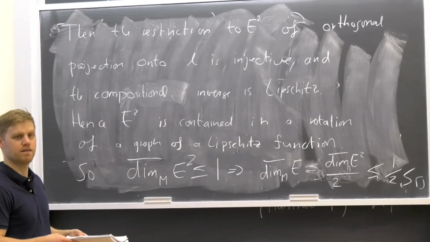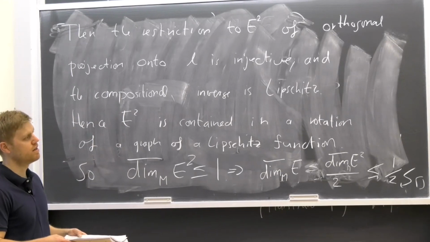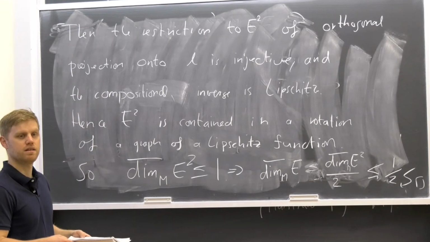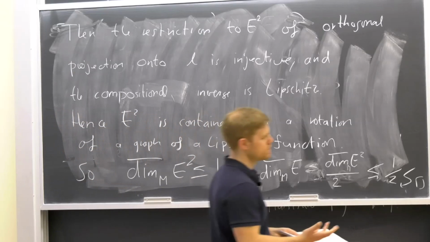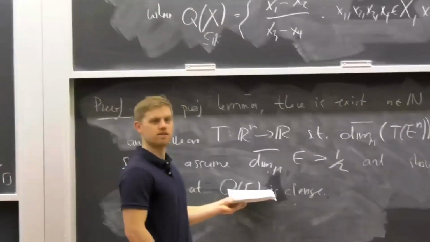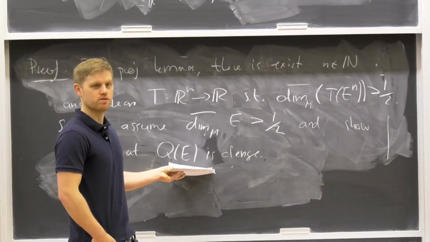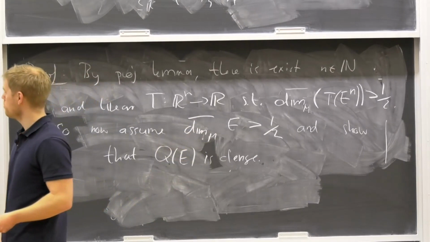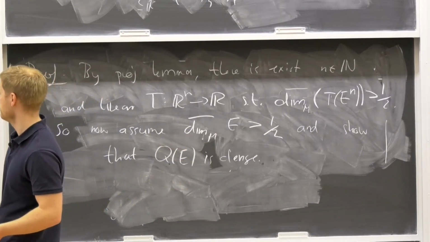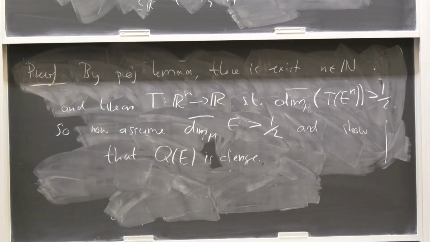No, that's just assuming that they're not dense, and then you have to get to some kind of contradiction. Only at the end that you use it. A lot of flexibility in the argument.